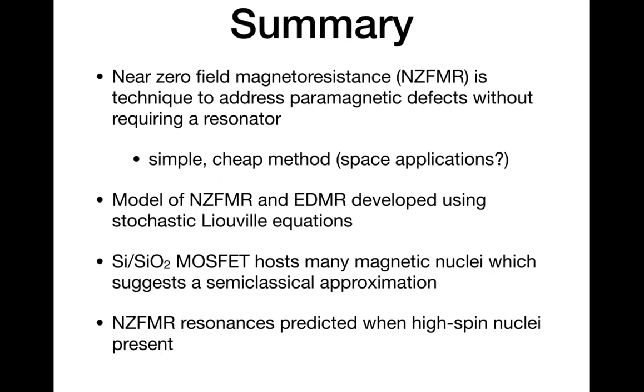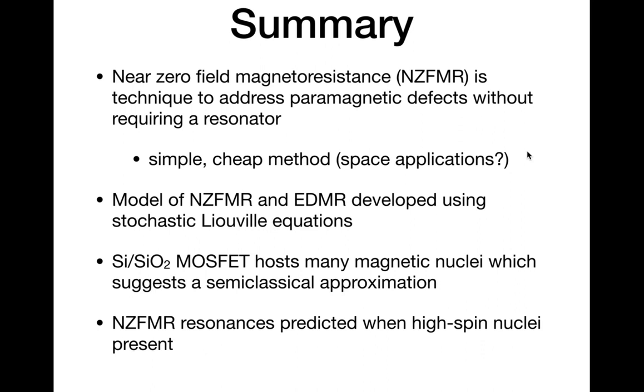Okay, so that wraps it up. I've talked today about this NZ-FMR effect and how we can use it to study paramagnetic defects without using a resonator. I've looked primarily at this silicon MOSFET. It's a simple and cheap method because there is no resonator, and as Pat discusses in his talk, there are space applications for this.